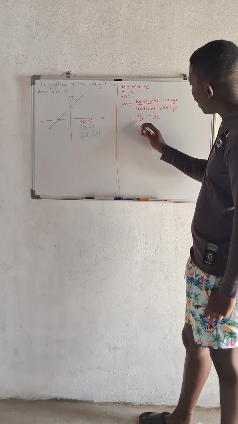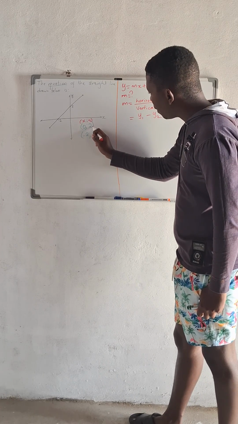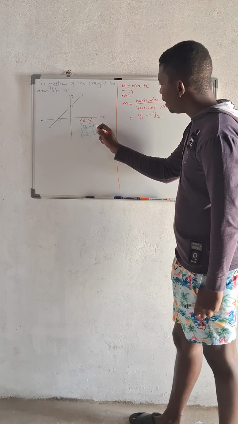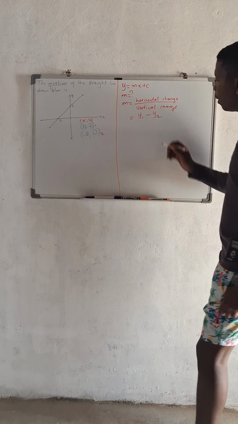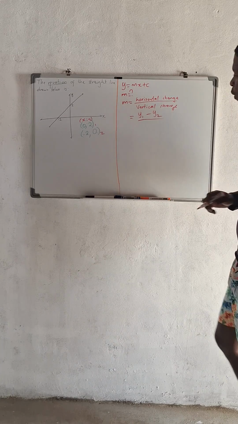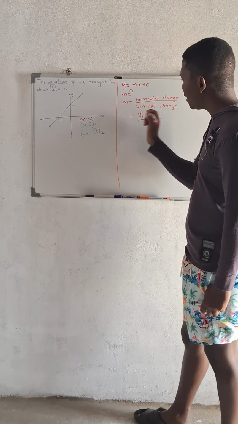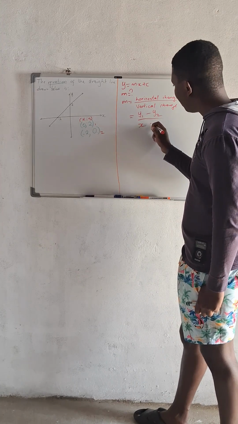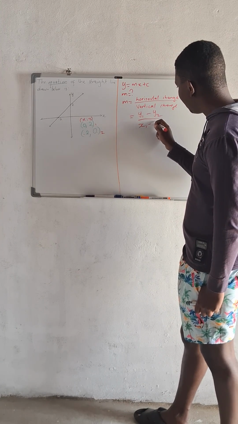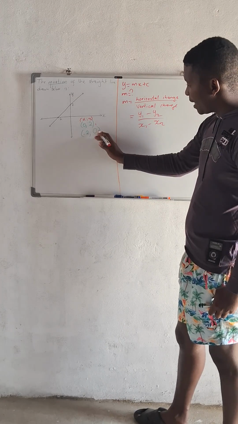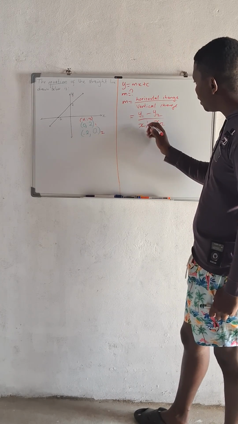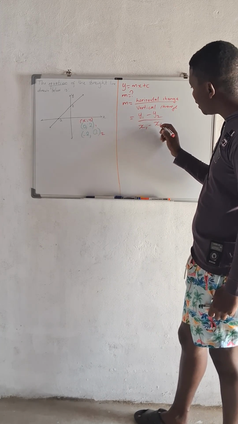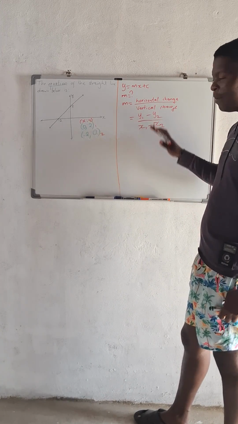When we are talking about y1 and y2, let's say this is y1, this is y2, all over x1 minus x2. The x value in the first coordinate, minus the x value in the second coordinate. I'm just making things simpler for you.